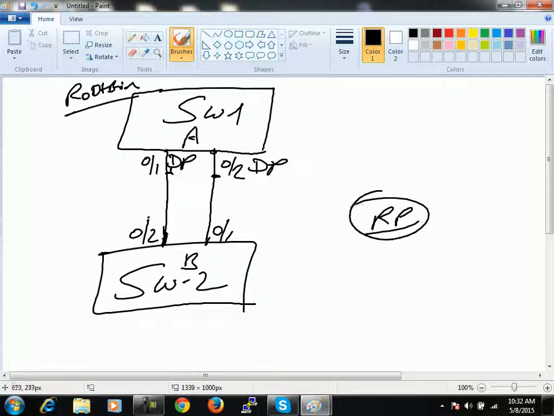Now to elect RP, first of all, as I said, they will compare their cost, the lowest cost to reach the root bridge. Now remember that the root bridge in STP is responsible for generating a zero cost BPDU.